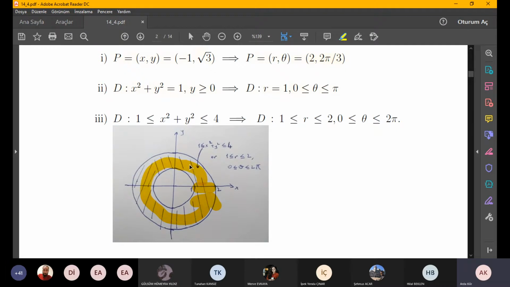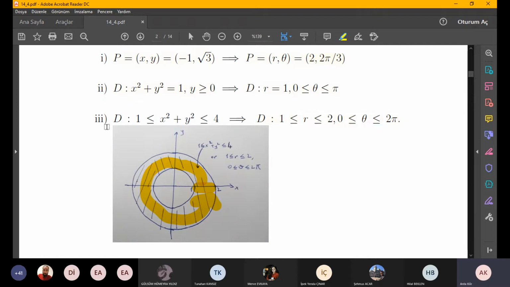If you sketch that shaded area in the r theta plane, it will now represent a rectangular region.